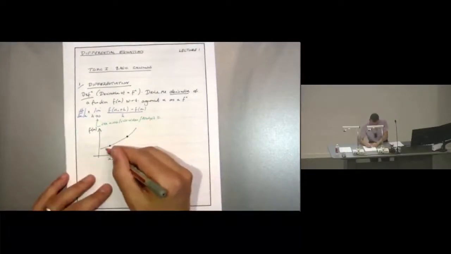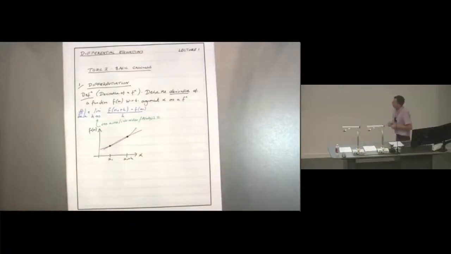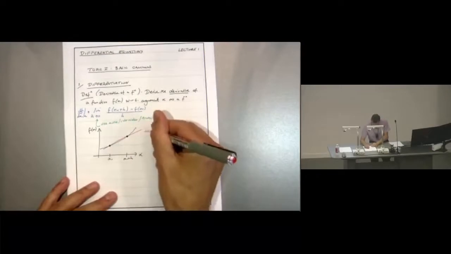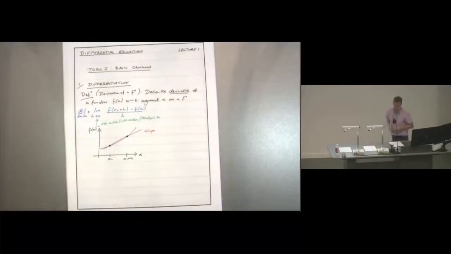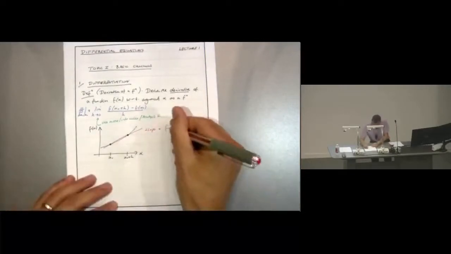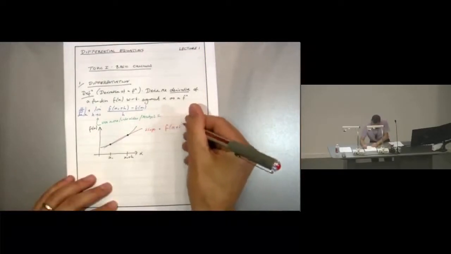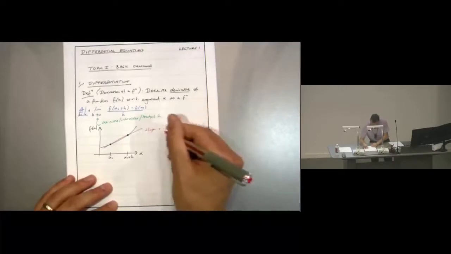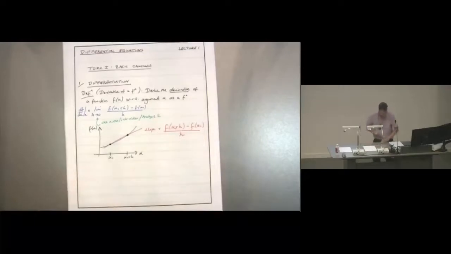The value of the function at x naught plus h is this right-hand black dot, and if I just join those by a straight line, then that straight line for finite h has a slope which is just, sorry, I will try and write bigger, f at x naught plus h minus f at x naught divided by h.